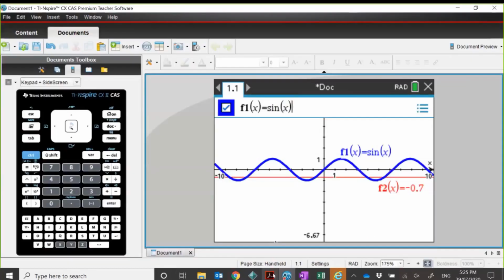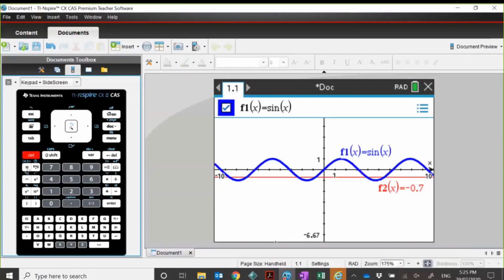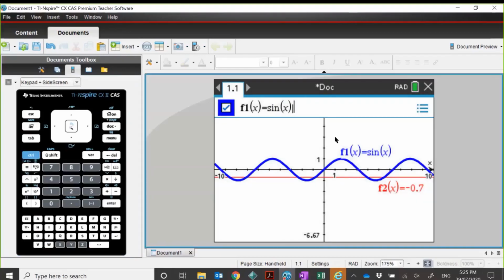So I'm going to put in that given command again. So given, I'm going from 0 less than or equal to x less than or equal to 51 pi.